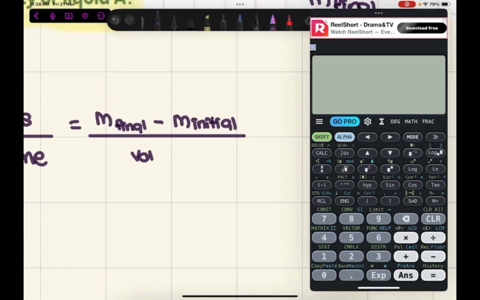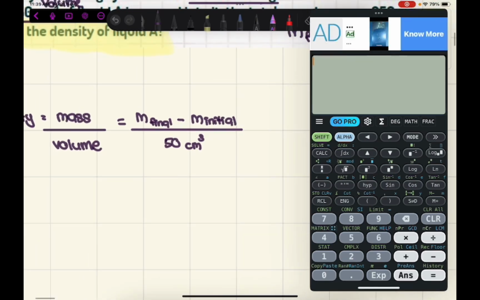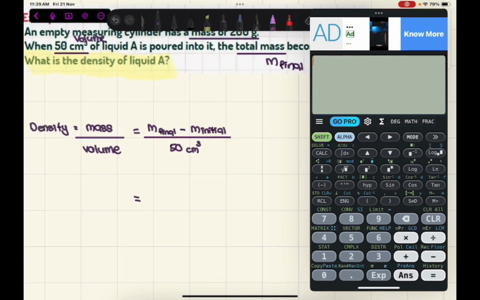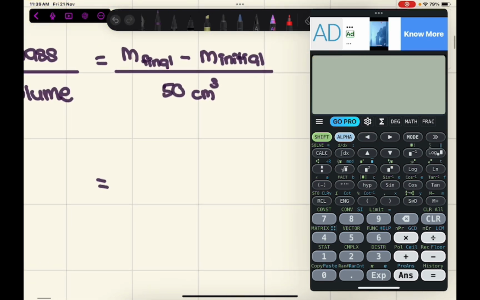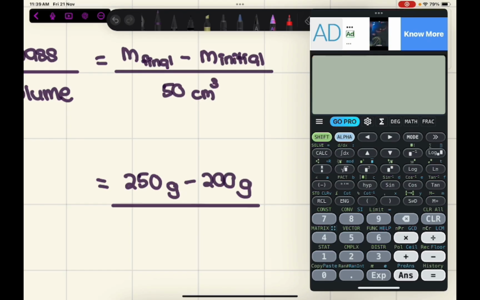So no need, I want to rewrite the volume, 50 centimeter cubic. Alright, so next step is, what is the final mass? 250 gram minus 200 gram divided by 50 cm cube.